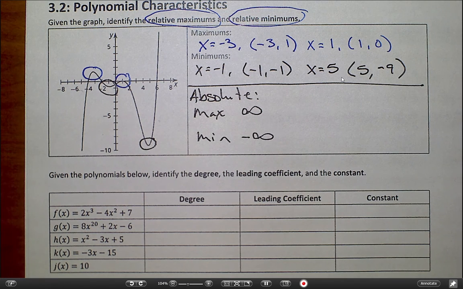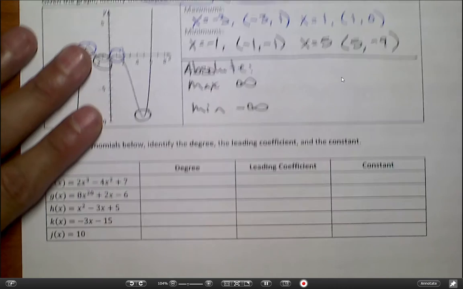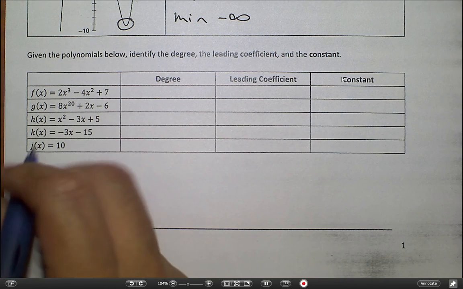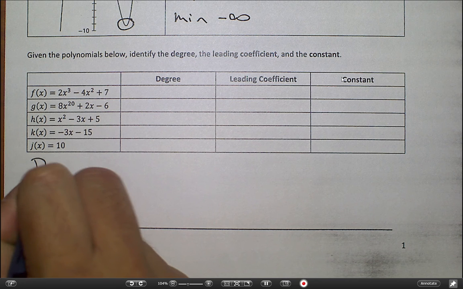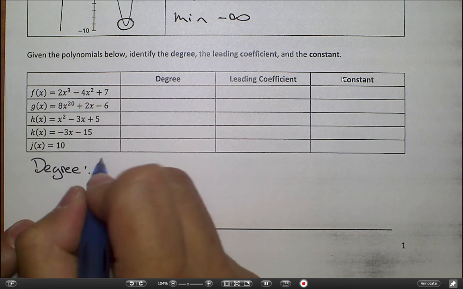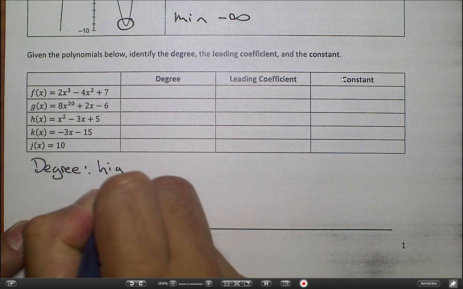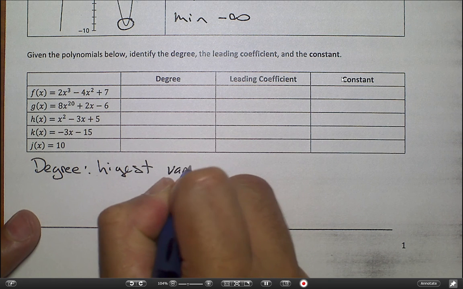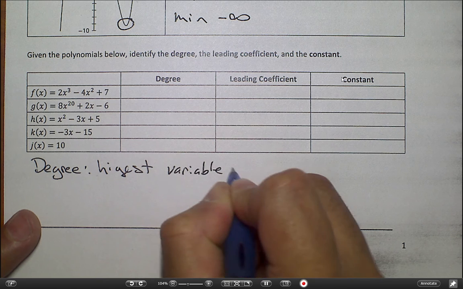Now, before we actually do this next part, I need to give you guys a little bit of direction, because a lot of people forgot what these are. A degree is the highest variable exponent.